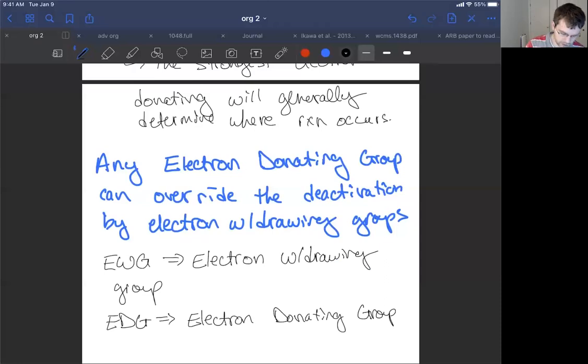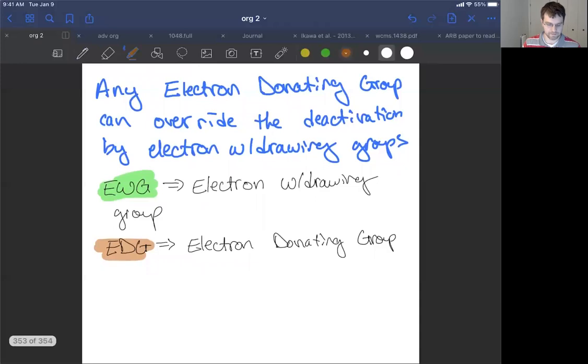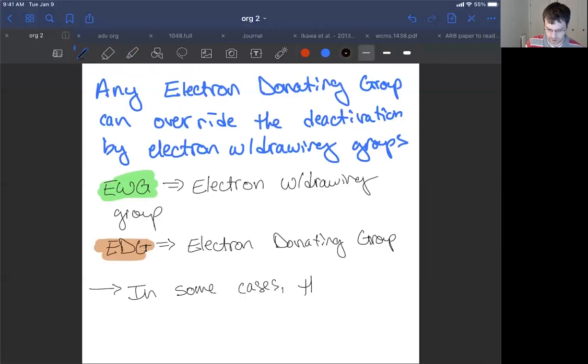Okay, so we have these two abbreviations. Now we can look at the various situations to see what is expected to happen here. It turns out that in some cases, the groups can work together.